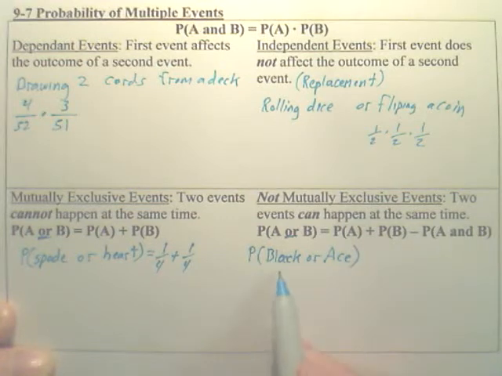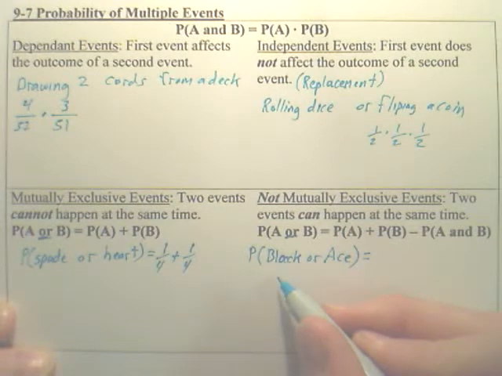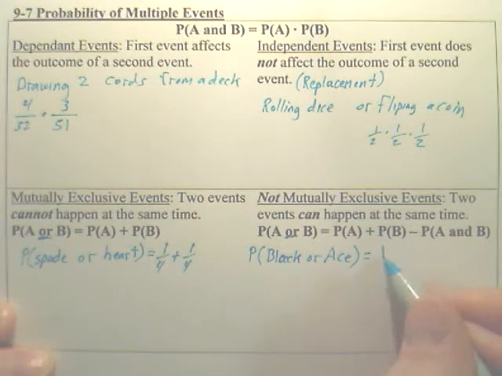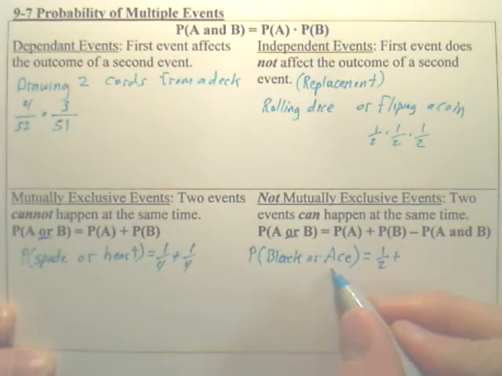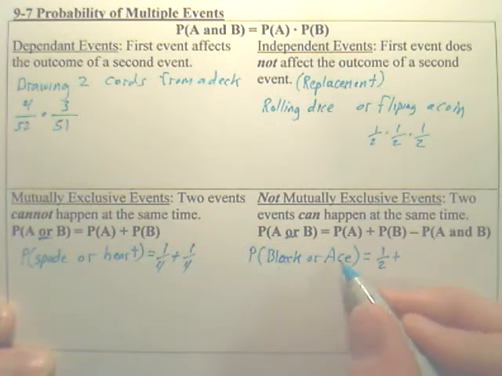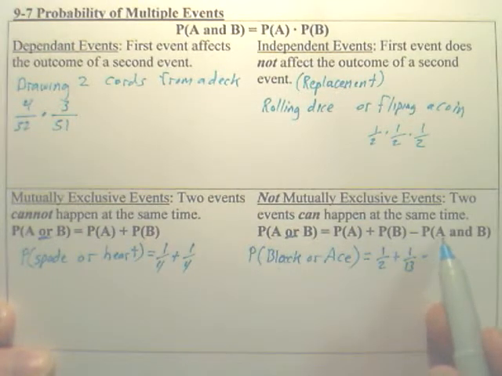For instance, what's the probability of black? Well, how many cards are black in a deck? Half of them. So half the cards in a deck are black. Plus, what probability of the cards in a deck are aces? How many are aces? 1 out of 13. Minus the probability of black and aces. So that one's a little bit different. And don't you multiply?